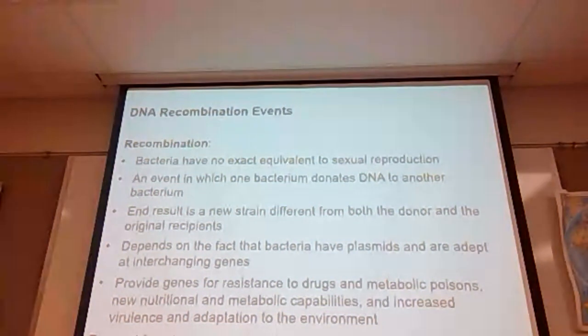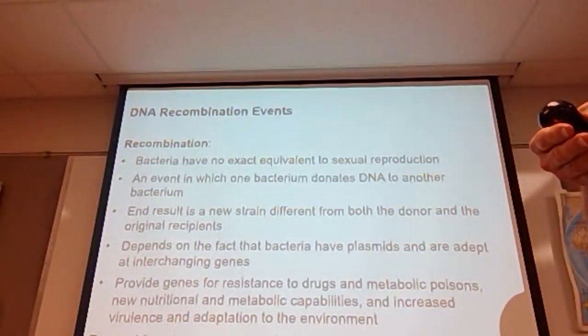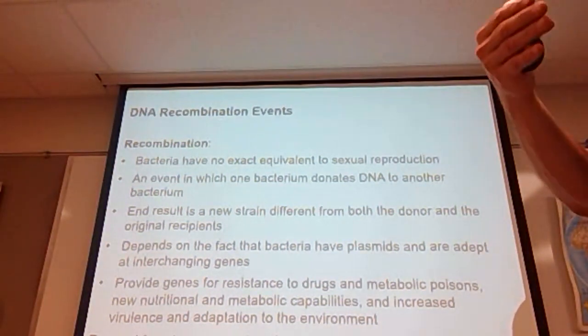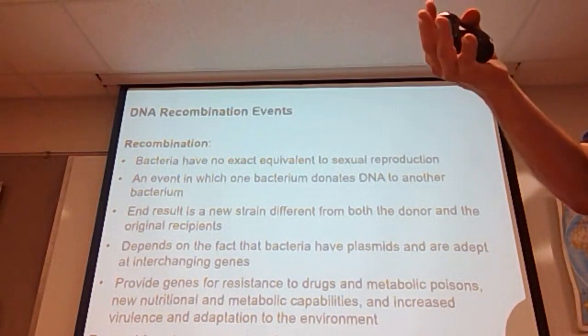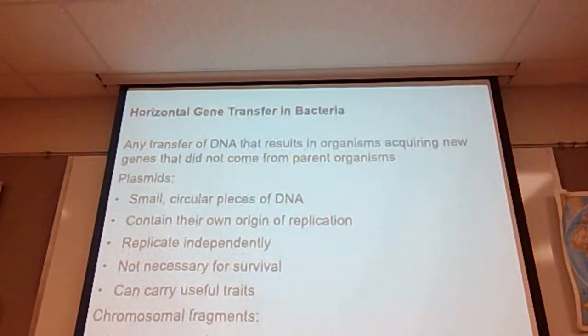So if A, again, got a little bit of DNA from B, then its offspring C would be considered the recombinant. Any transfer of DNA that results in an organism acquiring new genes that did not come from its parent is referred to as horizontal gene transfer.